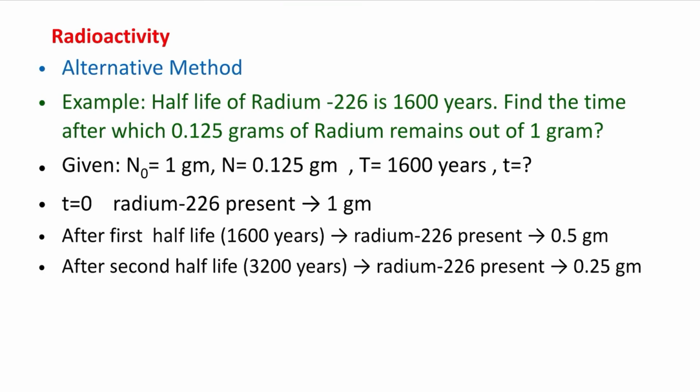Now after the second half-life period, what does that mean? First half-life 1600, second half-life 1600. If you add both of them, after the second half-life period, the total time that has passed is 3200 years. And so the radium-226 is again divided by half.